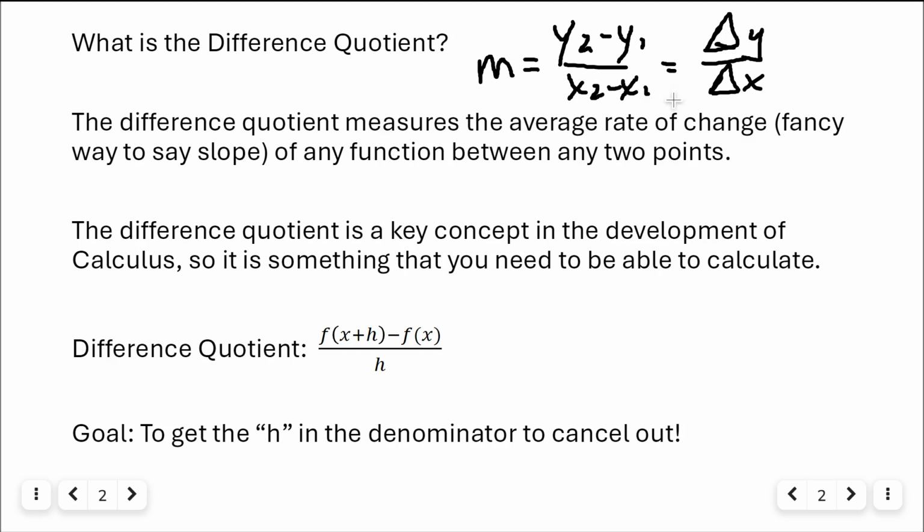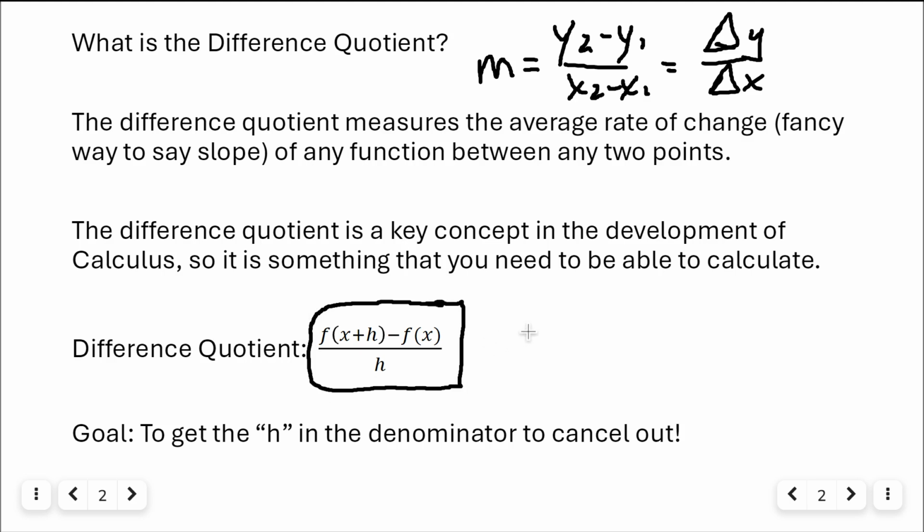All right. So the difference quotient, again, is something you need to be able to algebraically work with because in calculus, you're going to have to do it, and it has much greater meaning there. So here is the difference quotient that we are going to calculate here. There's actually two versions of it. We're going to learn both. So the difference quotient we're going to calculate here is f of x plus h minus f of x over h.